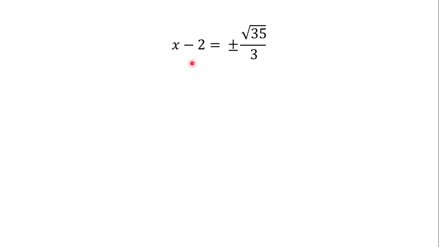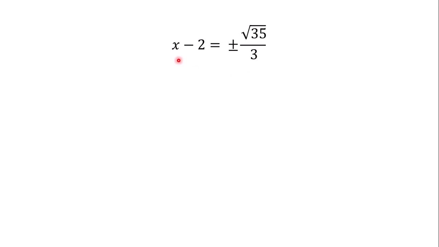Now here what we are going to do is very simple. We are going to find the value of x, and looking at it, I think it's very simple to find. We are going to send this one to the other side of the equation. But before we do so, here we are having two answers, that is plus and what? Minus.